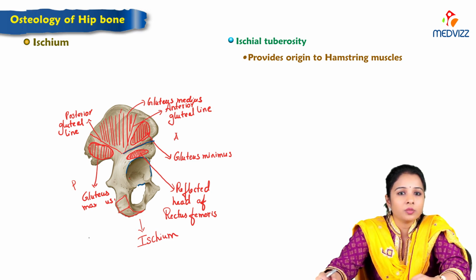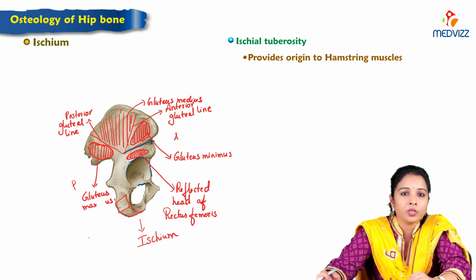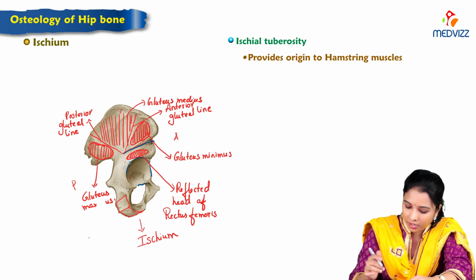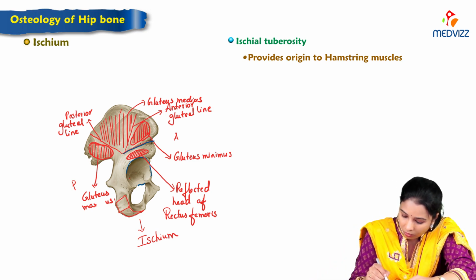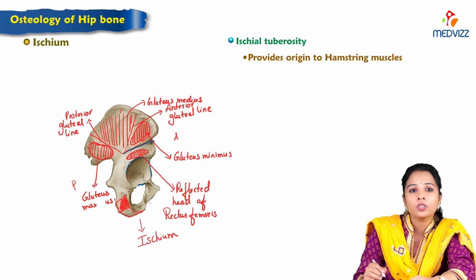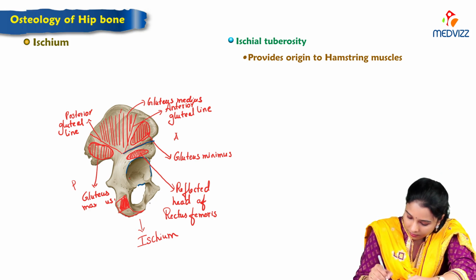The first hamstring muscle here is the semimembranosus, which arises from the lateral part of the upper quadrangular area. What we are seeing is the lateral surface of the hip bone. So this is the lateral part of the upper quadrangular area, which gives origin to semimembranosus muscle.